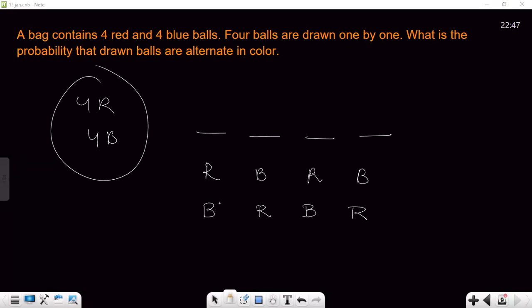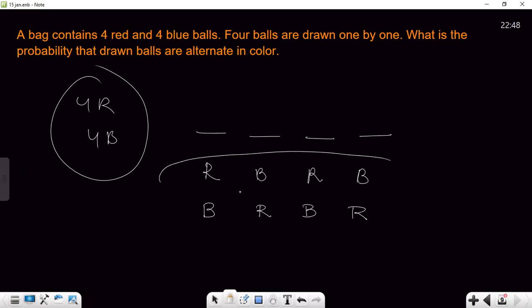Both of these are independent events when it comes to the fundamental principle of counting. And this time we are going to add the number of cases. Why am I calling them independent?